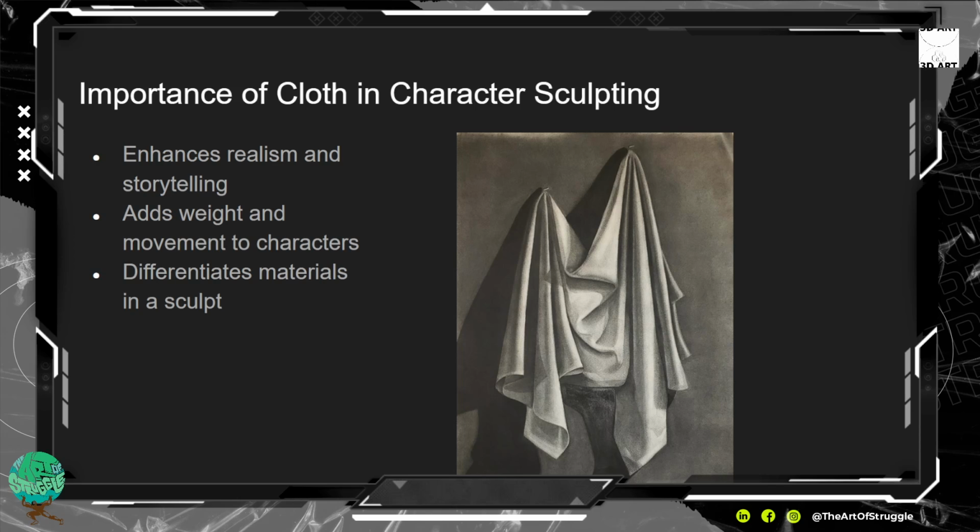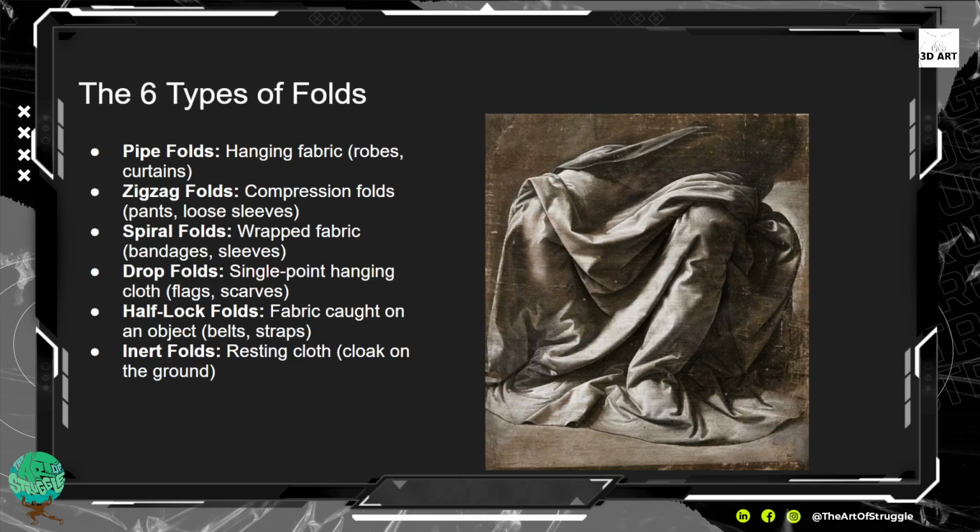All right. So your job is to understand all of these things and then try to put them in your sculpt, right? So we're going to try to focus on the 6 types of folds. We have the pipe fold, which is hanging fabric, robes, curtains, right? I talked about that. We've got zigzag folds, which are compression folds like pants and loose sleeves.